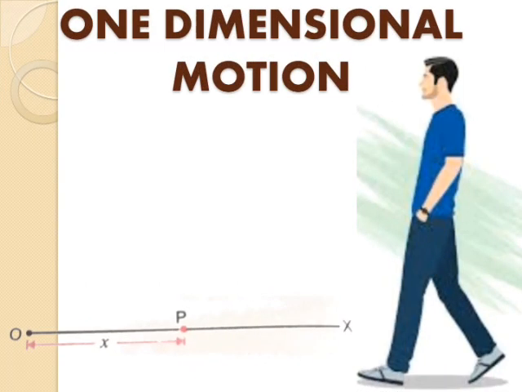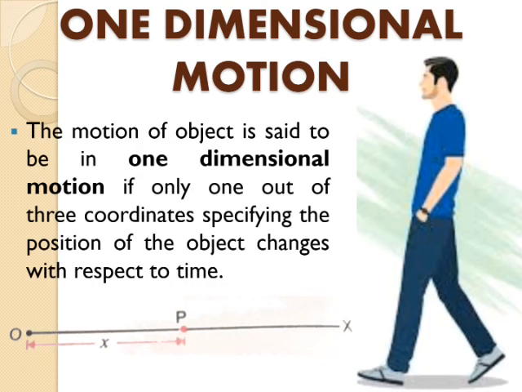Now, the motion occurs in three dimensions. The first one is one-dimensional motion. The motion of an object is said to be one-dimensional motion if only one out of the three coordinates specifying the position of the object changes with respect to time.